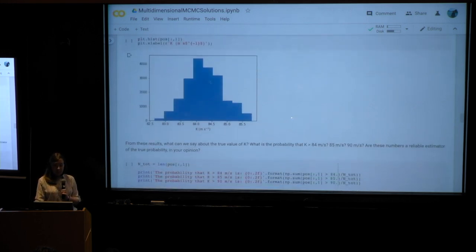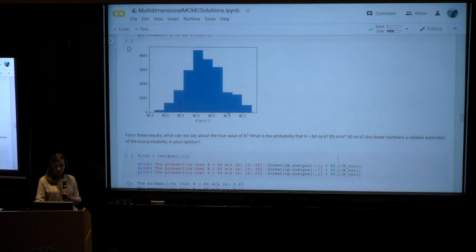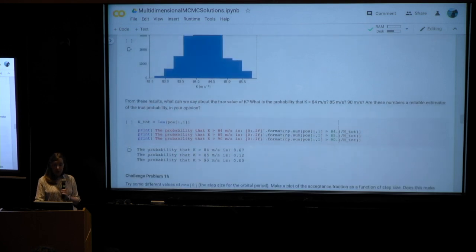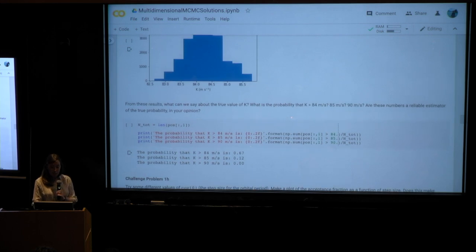So this is now a nice PDF, and we can integrate it up to answer these questions about the underlying probability of different values of the parameters. I will give the caveat that we're not efficiently sampling all of parameter space. So asking about the probability that K is greater than 90 here, we never actually got samples that went up to 90.